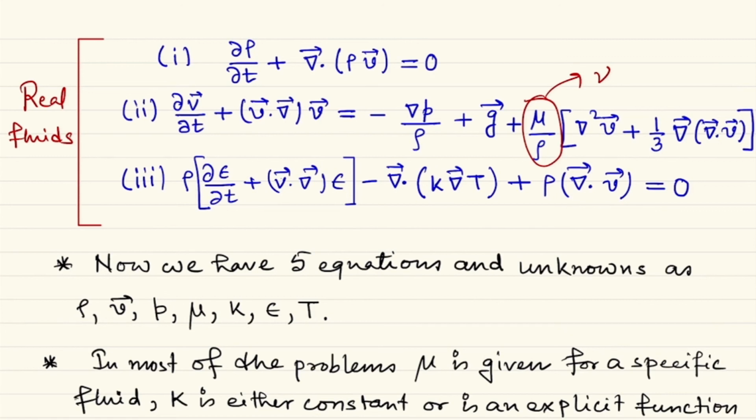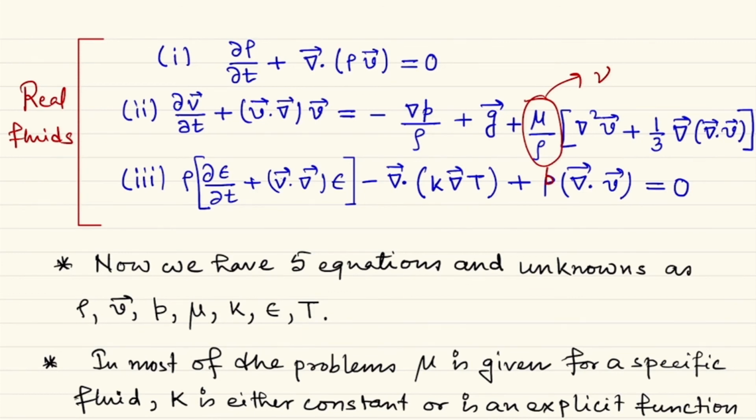And finally the energy equation becomes rho times del epsilon del t plus v dot nabla epsilon, minus divergence of k nabla T. Of course, here we have not yet considered k to be independent of space, and that is not a very good approximation, because in most cases k has explicit dependence on space, plus P times divergence of v is equal to 0.